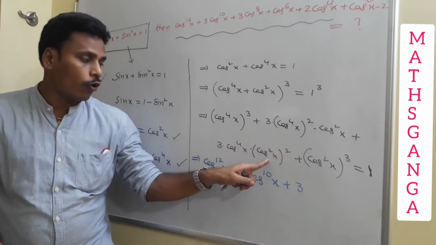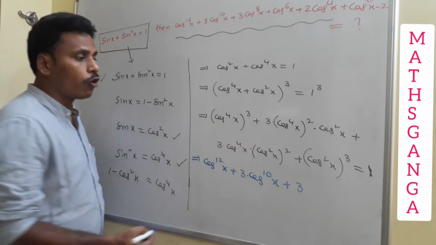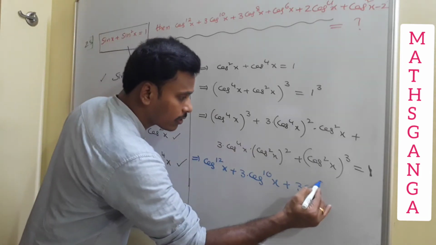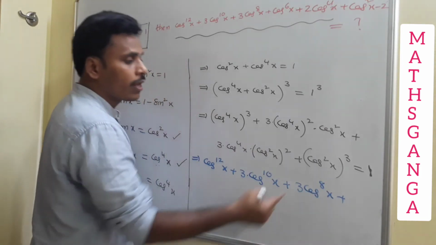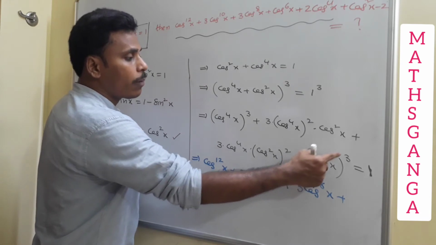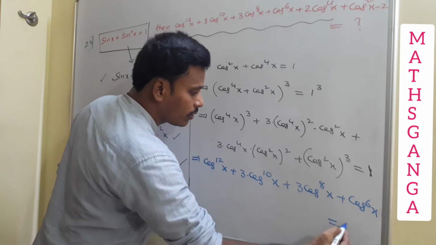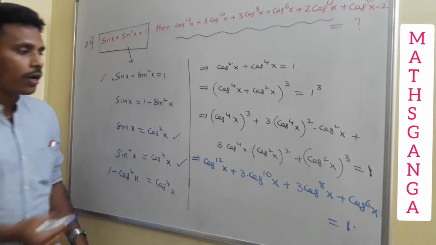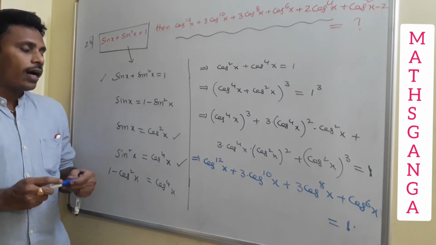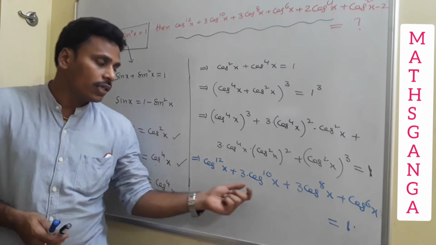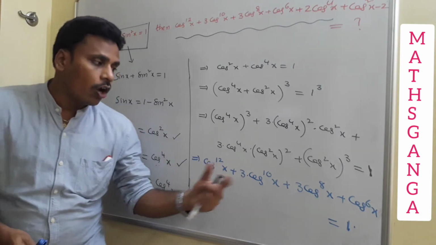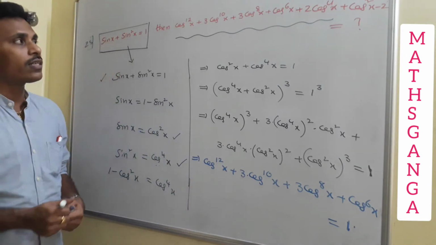So cos⁴x into cos⁴x is cos⁸x plus (cos²x)³. 3 into 2 is 6, no? So cos⁶x is equal to 1. And then what you have with the cubing: cos¹²x + 3cos¹⁰x + 3cos⁸x + cos⁶x is 1.